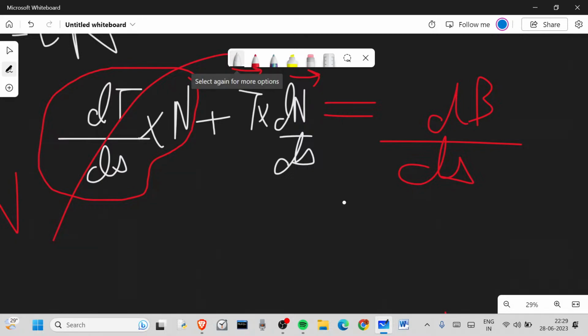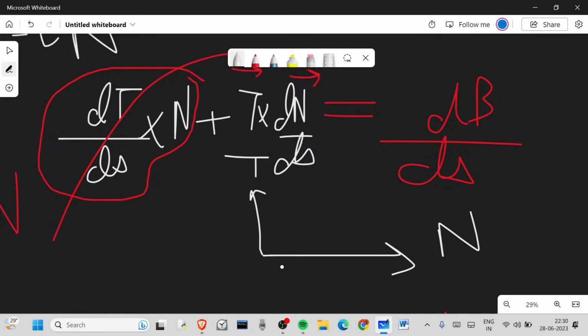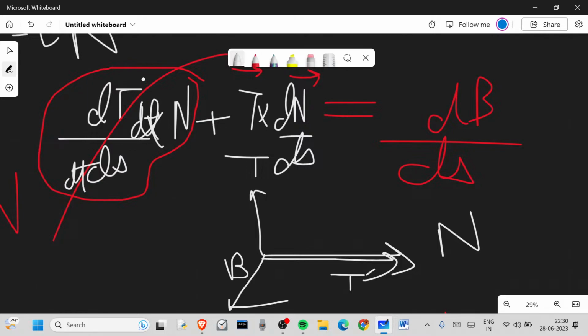So if this is our tangent vector and this is our normal vector, then the t dash vector lies over here, and here lies our b vector. So basically dt by ds, if we multiply dt above and below, we get the t dash vector, and dt by ds is itself a constant, which we call 1 by r dash in this case.